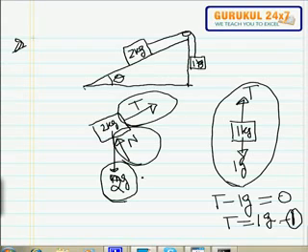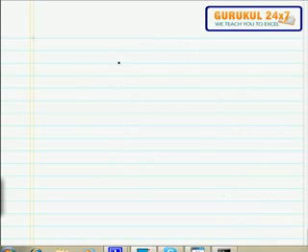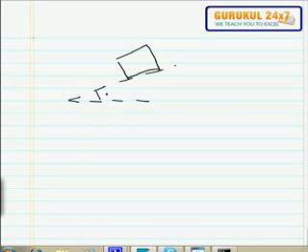So let us try to do that, and the way to do it is, this is our mass and this angle is theta. Now we draw a perpendicular to the surface.